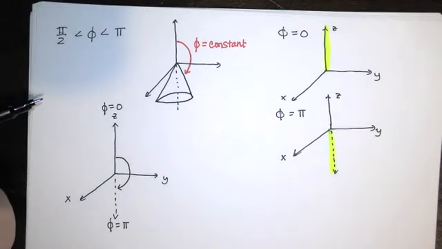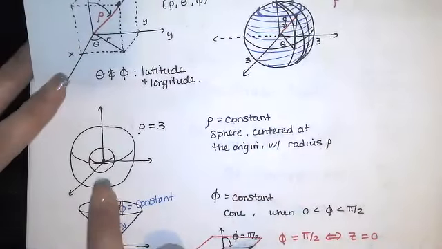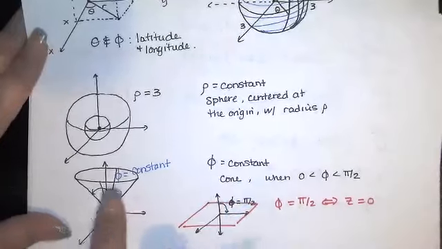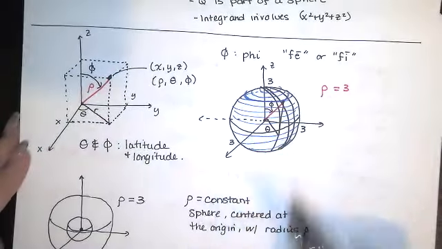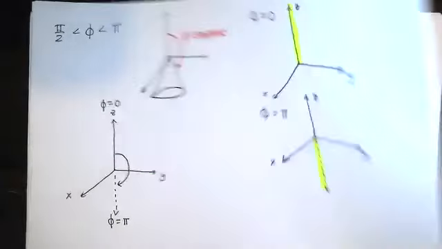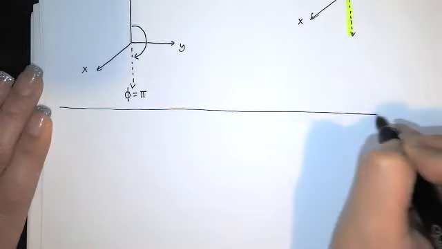Now we did constant values for rho that gave us spheres centered at the origin. Constant values for phi gave us these cones, or these blue lines that I was trying to draw on the surface of my sphere. Let's think about what would happen if we have constant values for theta.